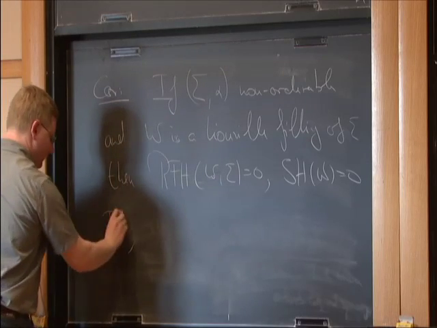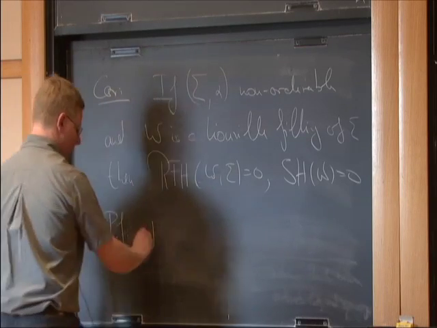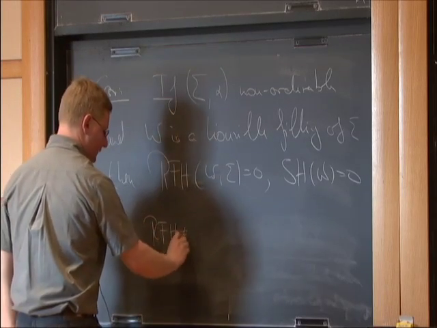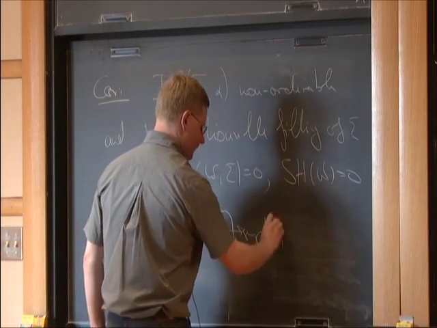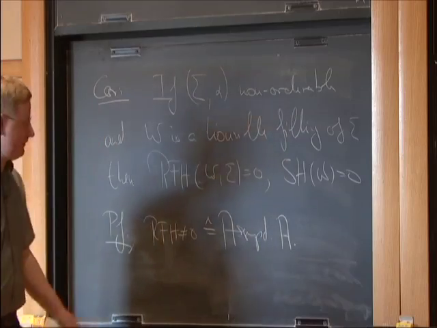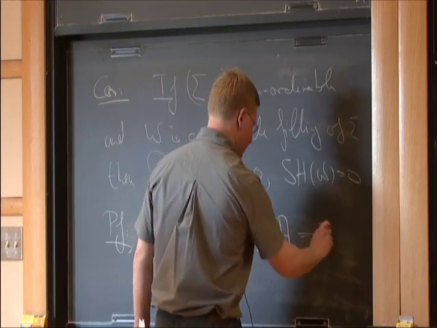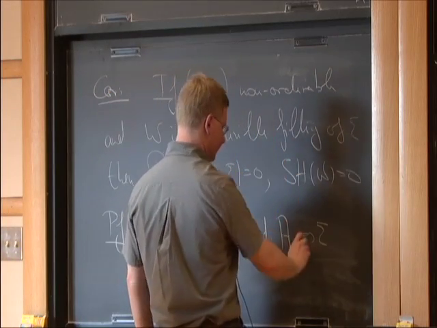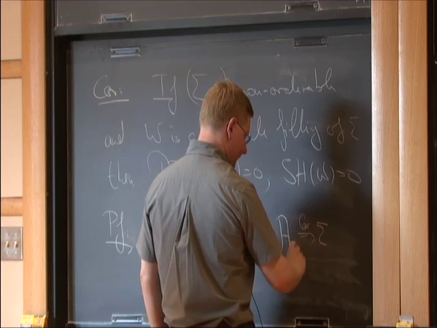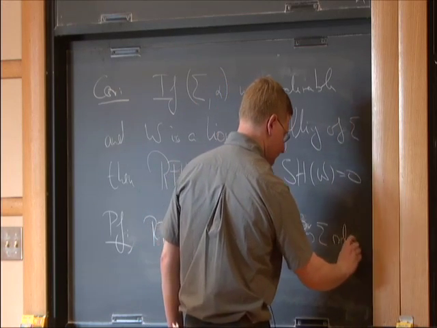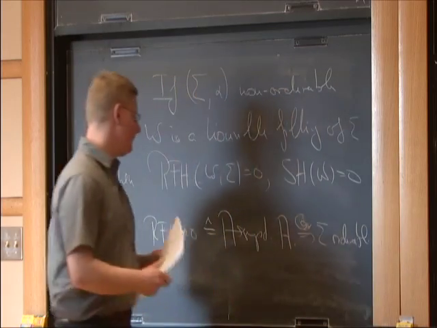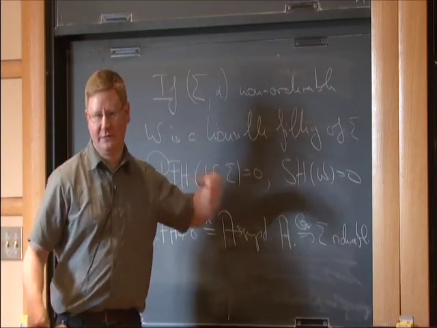The proof is trivial. R of H non-zero is really assumption A, together with the Liouville fillability. Then by the previous corollary, sigma is orderable. And this vanishes exactly when this vanishes.